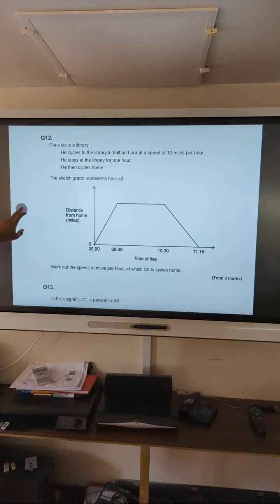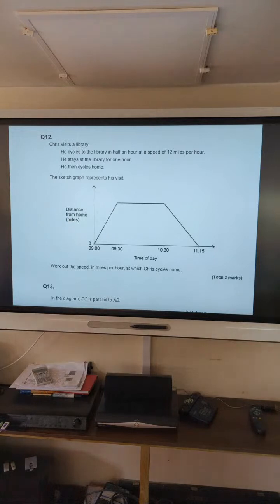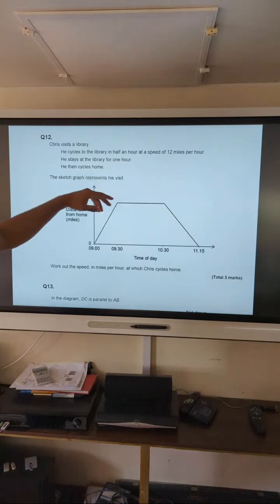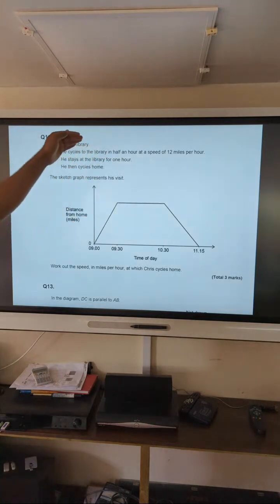Right, okay. So question number 12. We got Chris visits library. He cycles to the library in half an hour at the speed of 12 miles per hour. So these are speed, distance, time graphs. All of these that we looked at in the last question as well.